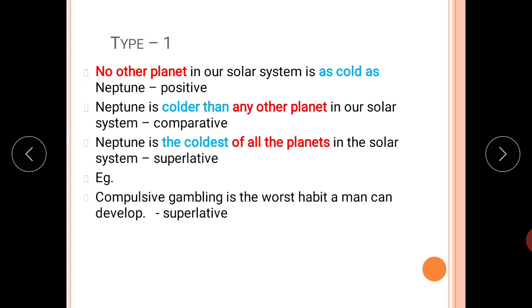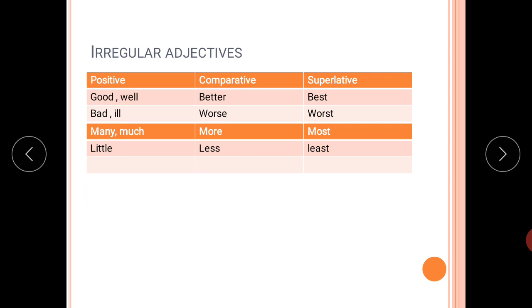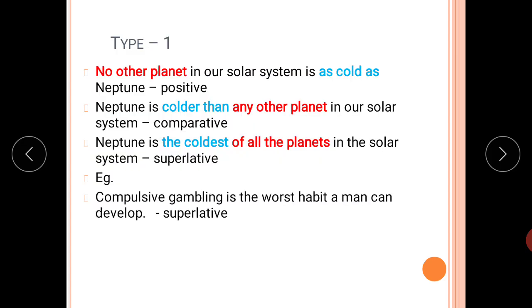No other habit is as... positive. You forgot, what is worst? See here, worst is superlative. Worst is comparative? We are doing positive. So what is that? Bad. No other habit is as bad as compulsive gambling a man can develop.